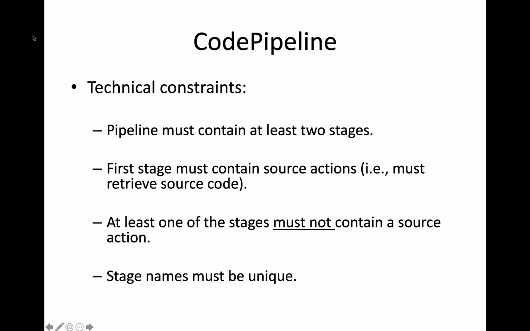And at least one of the stages must contain an action other than the source action. So in other words, one of the other stages has to be either like a build stage, or it could be a deploy stage, or one of the other stages. You can't have just 2 stages with both stages being source stages. That won't work. And every stage that you create has to have a name, and that name must be unique.